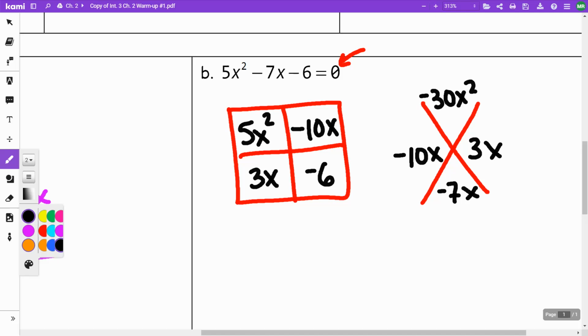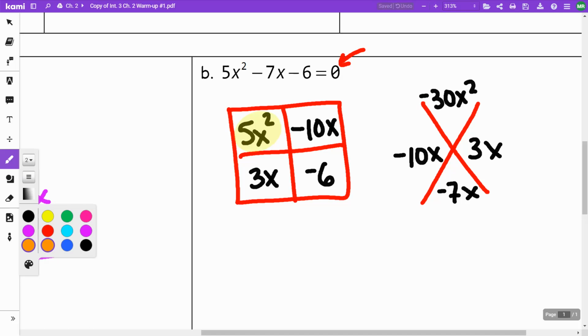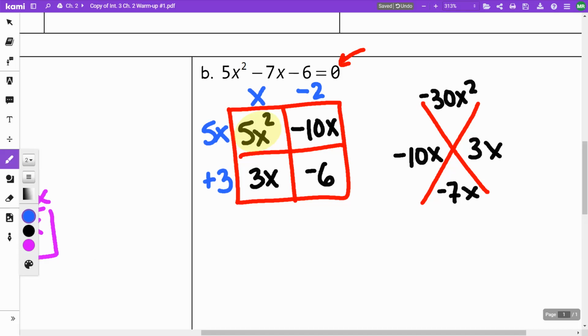So now I want to figure out first, what gave me this 5x squared? That's where I want to start. For that, that is going to be a 5x times an x. 5x times negative 2 gives me the negative 10x. x times a positive 3 will give me the 3x. So I'm going to have 5x plus 3 times x minus 2 equals 0.